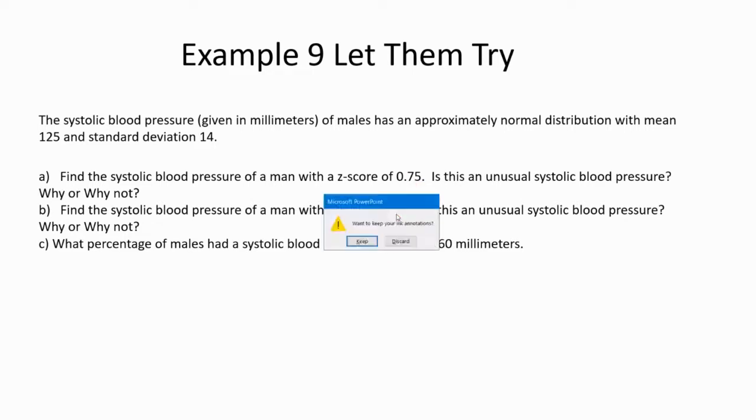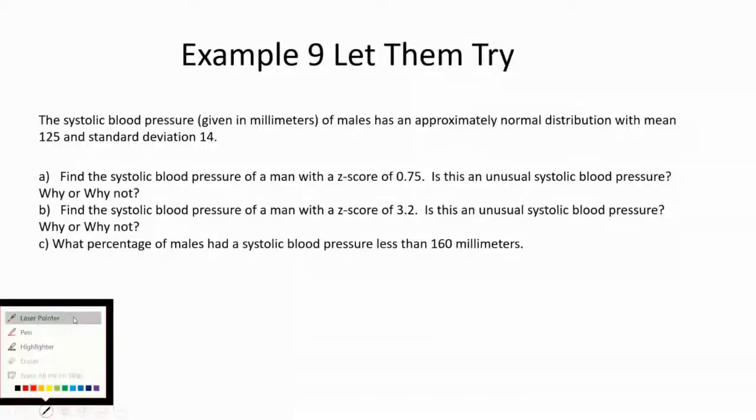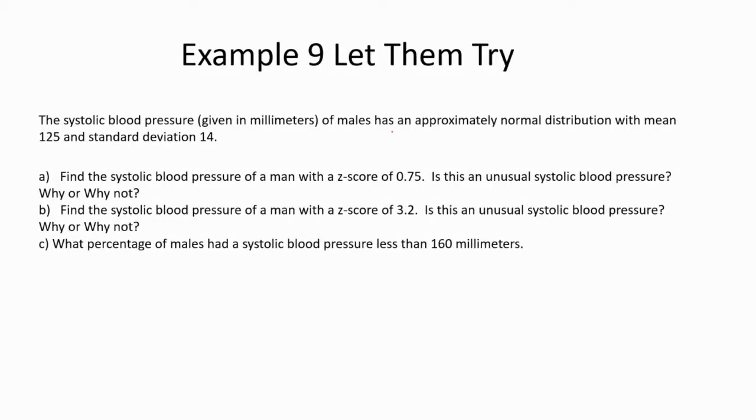Take about 5 minutes. Let me stop the recording. The most important stuff is, let me underline it: it's an approximately normal distribution, the mean is 125, the standard deviation is 14.